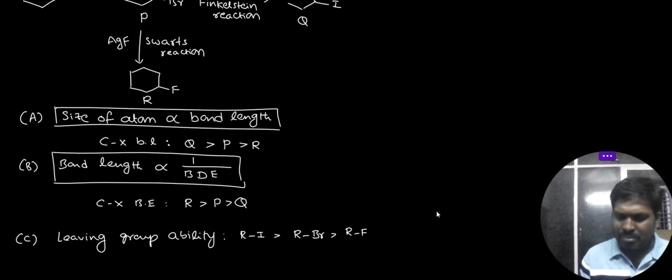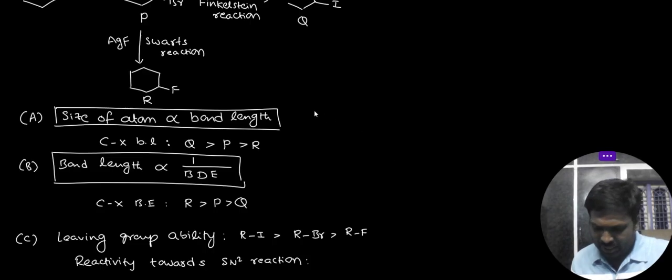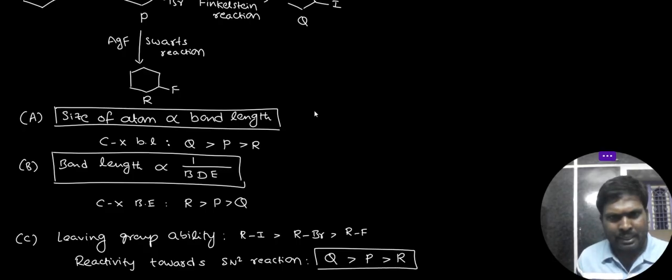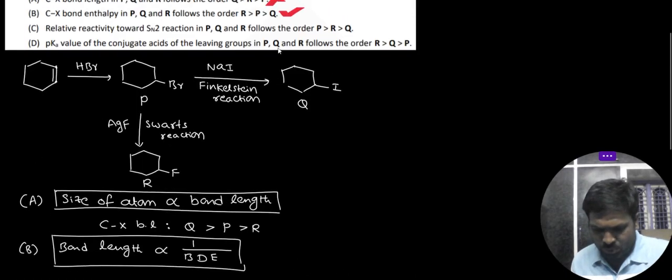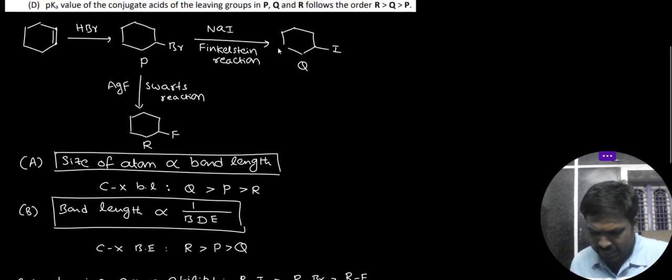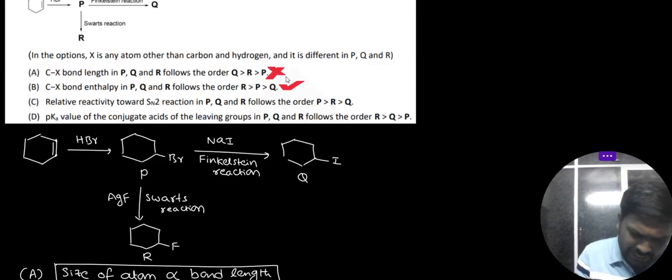Both SN1 and SN2 have the same order. So reactivity towards SN2 is Q greater than P greater than R. Option C gives P greater than R greater than Q, but Q greater than P greater than R is the right order. So statement C is wrong.